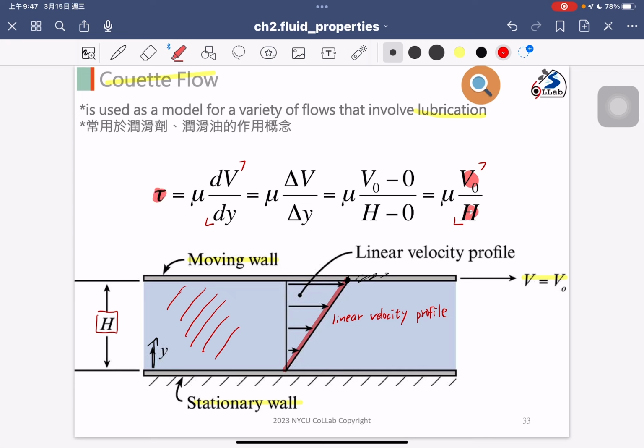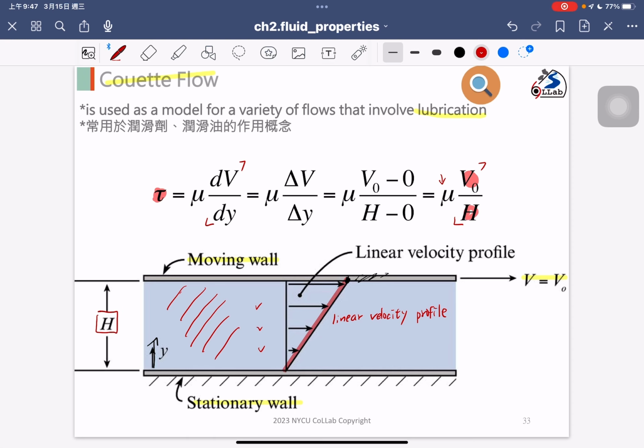Because the dynamic viscosity didn't change, because we keep the same material on site. Okay, so that's why I call it a special case, because this is when we see the Couette flow for the lubrication problems, and we can say anywhere in the lubrication material has the same shear stress, because the velocity gradient didn't change at different locations.